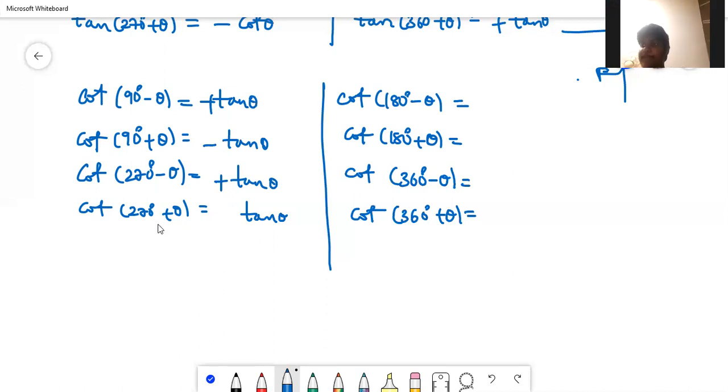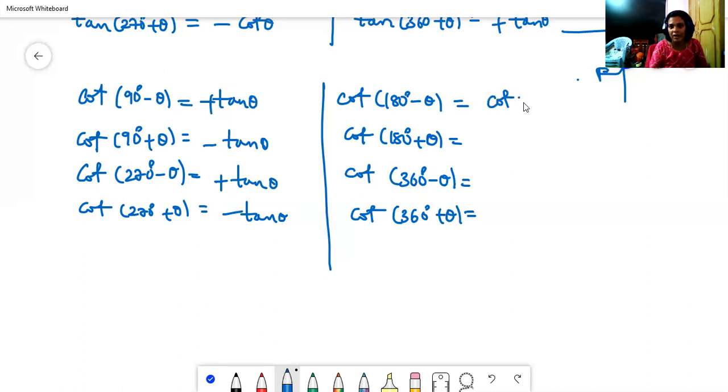In the fourth quadrant, cot is negative. For cot at 180, cot will come: cot theta, cot theta, cot theta, cot theta. 180 minus theta is in the second quadrant, where it is negative. In the third quadrant, positive. Fourth quadrant negative, first quadrant positive.